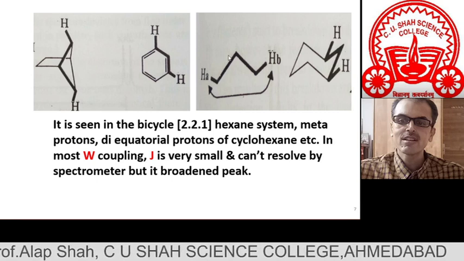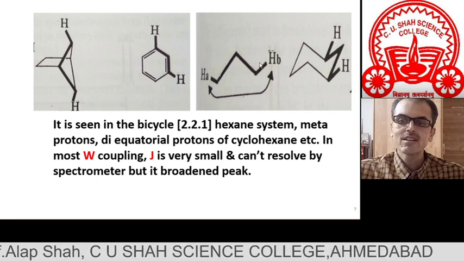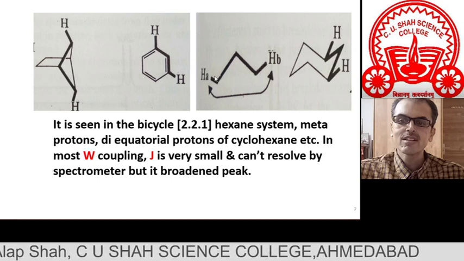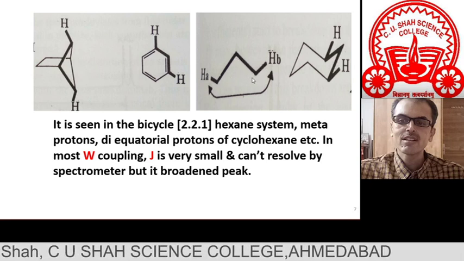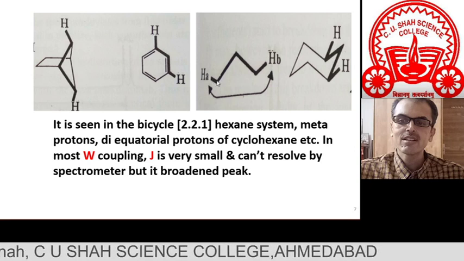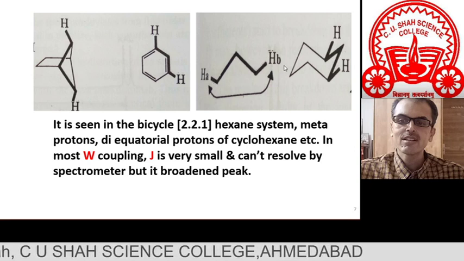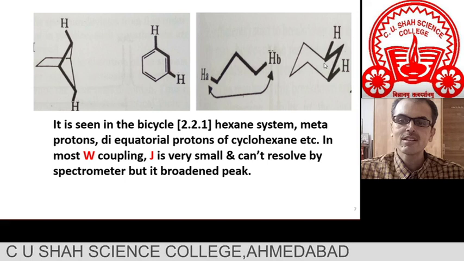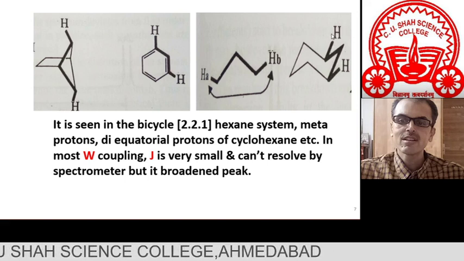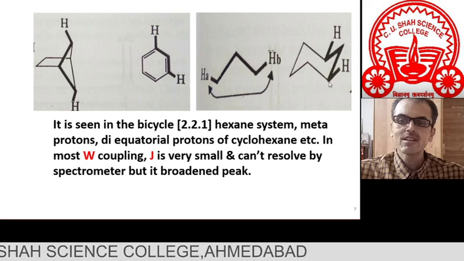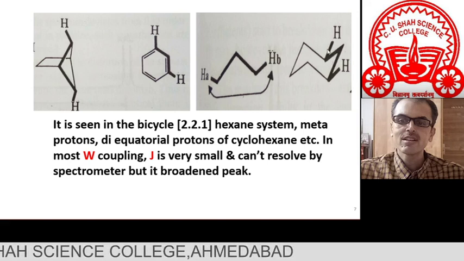This is a general structural formula. I'm sorry, you can say that it is an M shape or it is a W shape, but earlier it is known as a W shape. This is a rigid cyclohexane system, and these two equatorial hydrogens or equatorial protons, you can see that they are arranged in a reverse W shape.